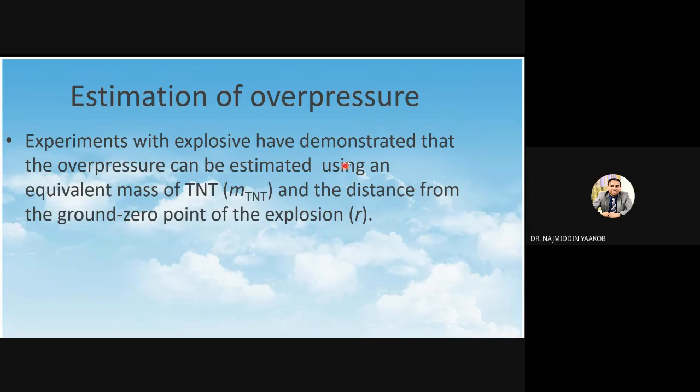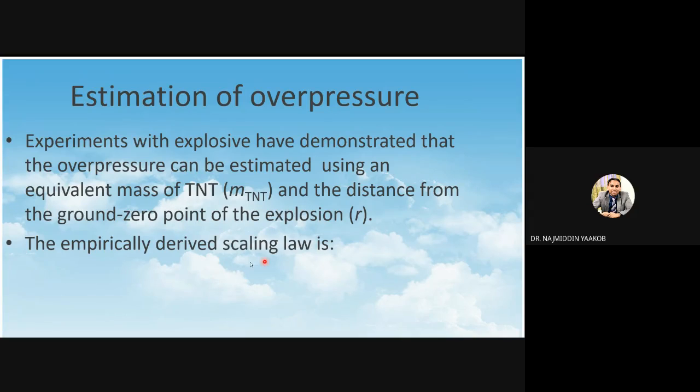Experiments with explosives have demonstrated that the overpressure can be estimated using an equivalent mass of TNT. We call it M_TNT, the equivalent mass of TNT, and the distance from the ground zero point of the explosion, R. Even though it is not TNT, we can calculate it using an equivalent mass of TNT.